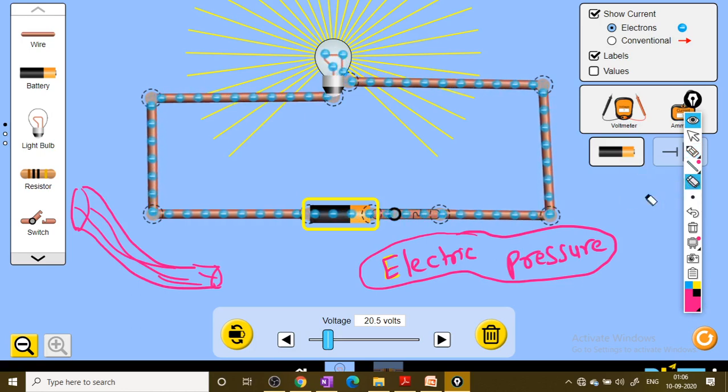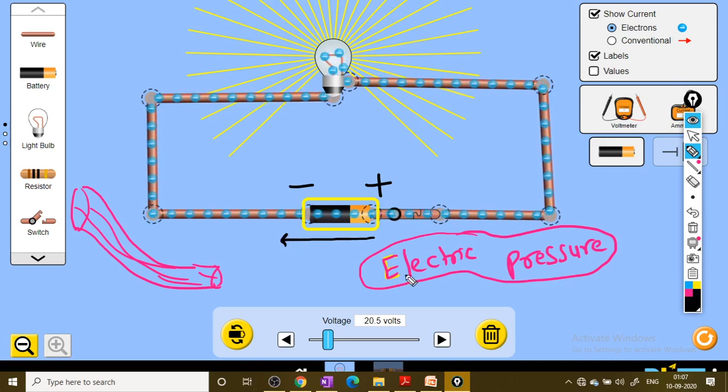Within the cell, this is positive and this is negative. A cell has two terminals, one positive and another negative. You can see electrons are moving from positive to negative.